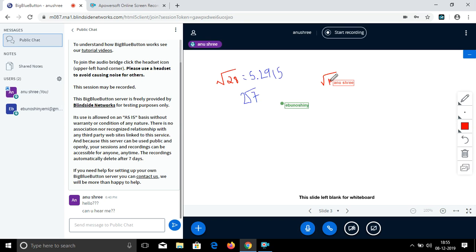Okay. Now the next is root 18 divided by root 9. So rationalize the numerator, then the denominator, and then cancel out.